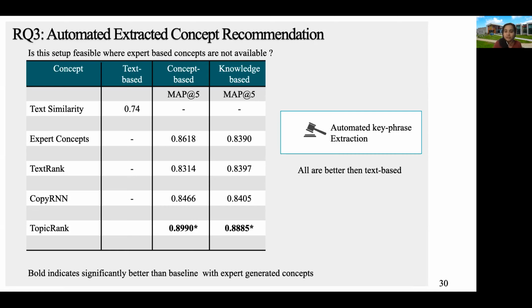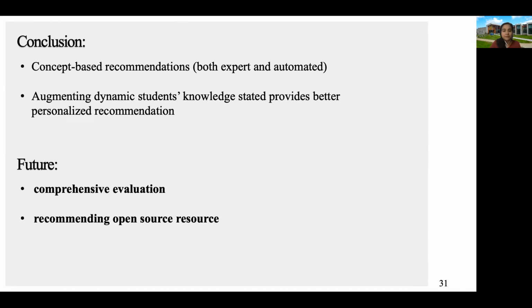But the result we concluded was all the automated concept extraction did better than text similarity. In fact, a few of them surpassed expert-based concept extraction. This shows that it is possible to augment these recommendations where concepts are not readily available.